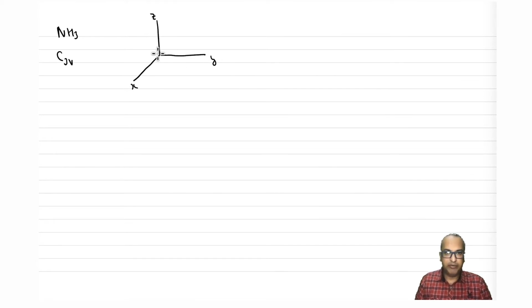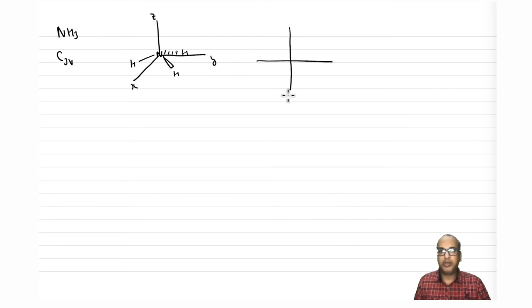Let's say we have nitrogen at the axis, and this is along the YZ plane, H, H. If I'm looking from the top, because Z is not going to change, let's just look at it in 2D format. So it will be easier to understand.